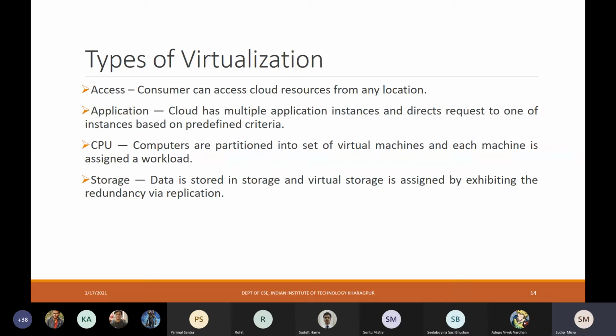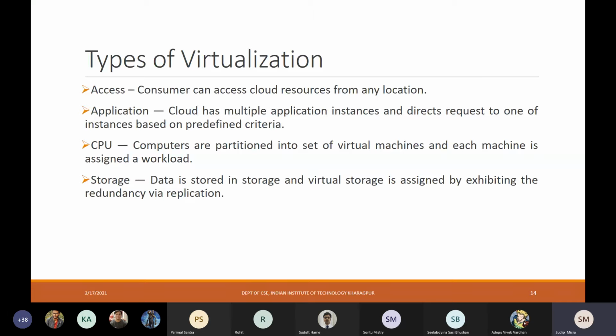These are the different resources that could be virtualized, but not the only ones. There are many other types of virtualization as well, for example access virtualization, application virtualization, CPU virtualization, storage virtualization, and network virtualization.